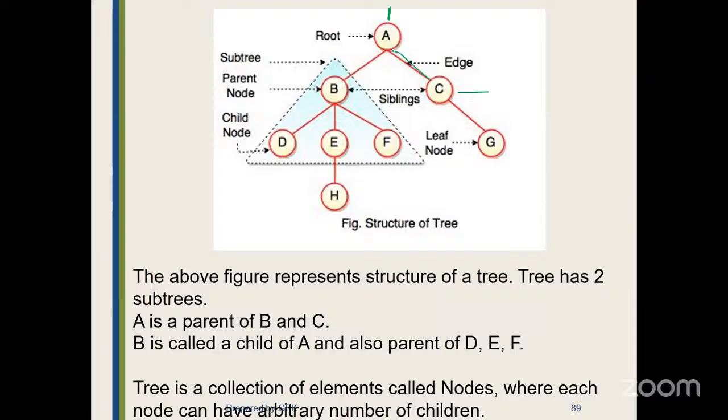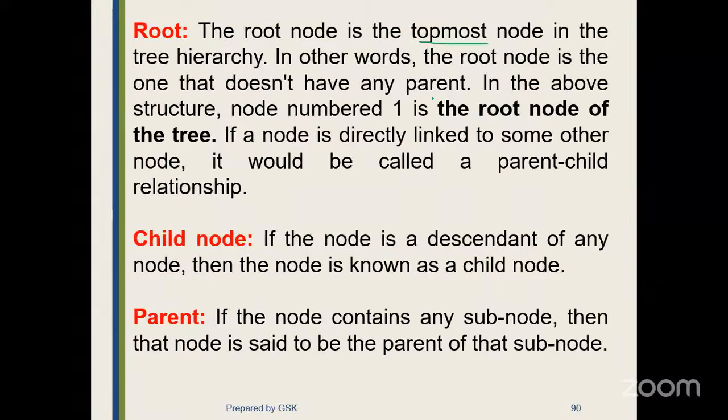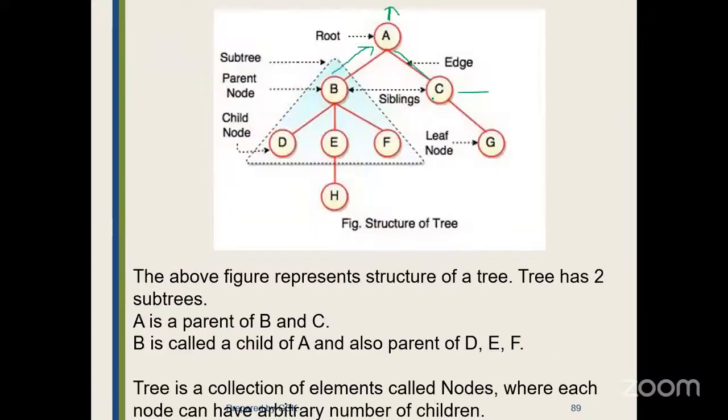C node's parent is A. B node's parent is A. But A doesn't have any parent because this is the starting point. So the root node is the node that doesn't have any parent. In this structure, node A is the root node of the tree.